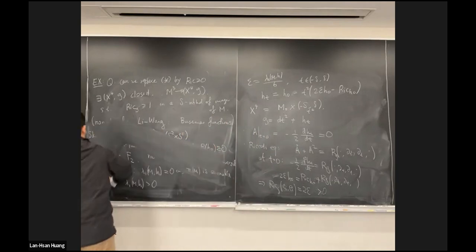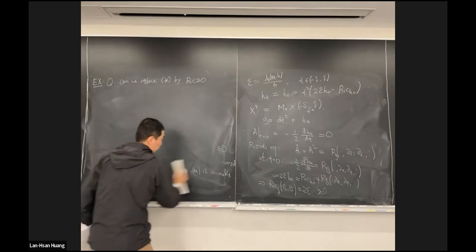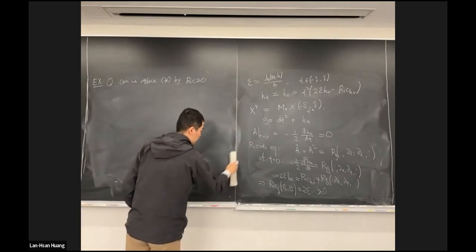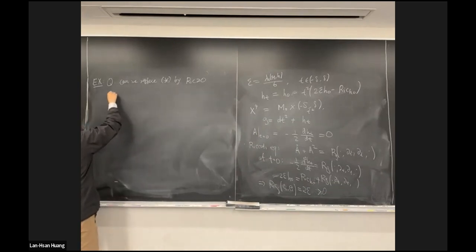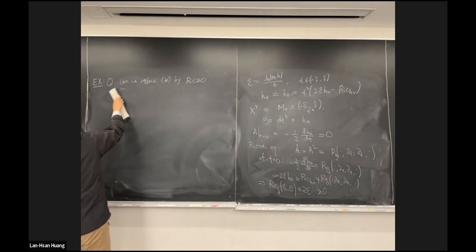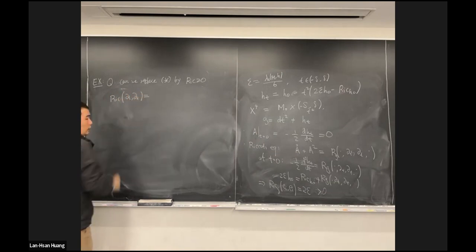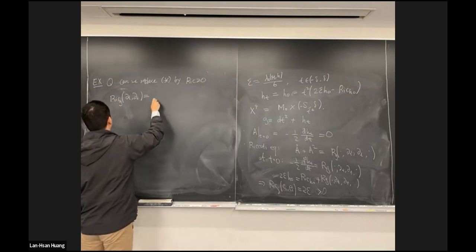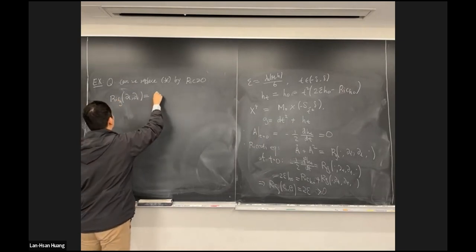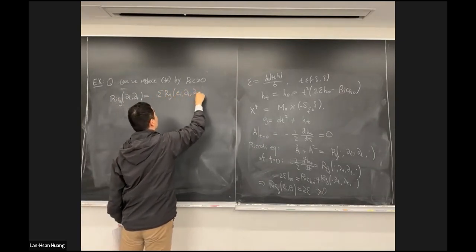Moreover, we have one more direction. So Ricci, let's see, how do we say that? Yeah, the Ricci of dt is equal to the summation over Rg of ei dt ei.